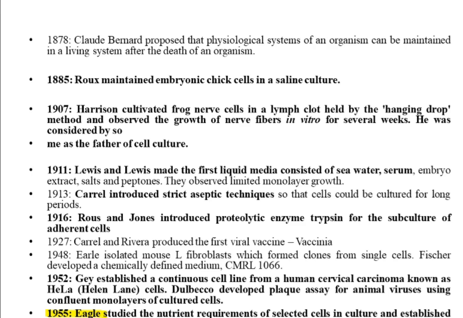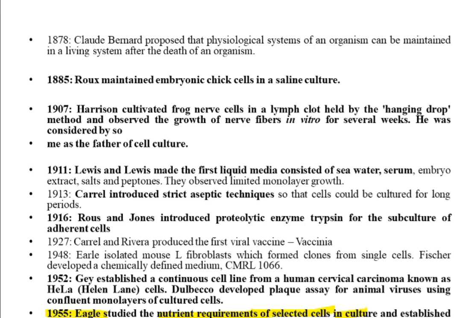What he did, he studied the specific nutrient requirement of selected cells in the culture. So by trial and error method, he designed different types of medias. The known chemically defined media, we called it a chemically defined media because the complete concentration of that media is defined. We know the 100% ingredient of that media, and so we called it a chemically defined media.